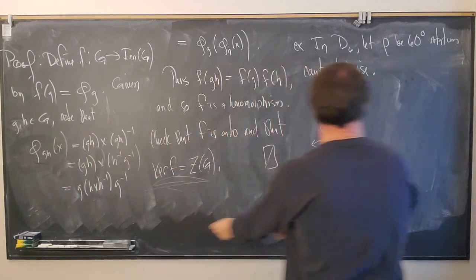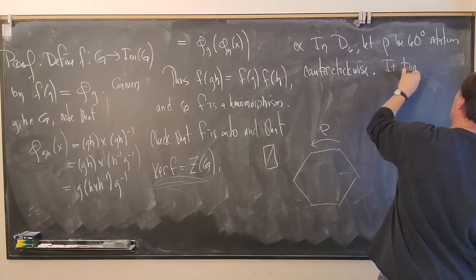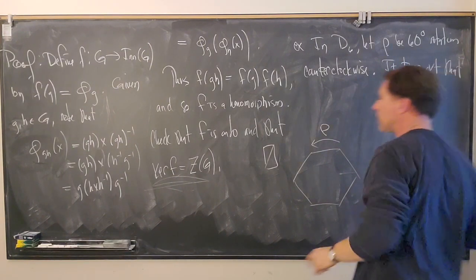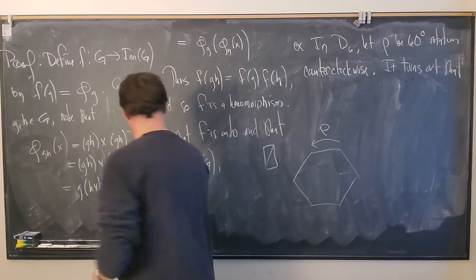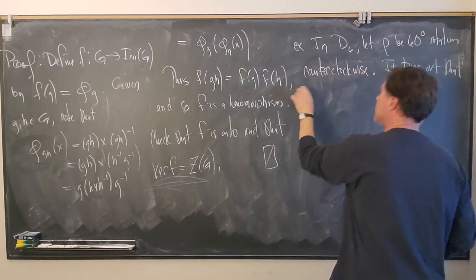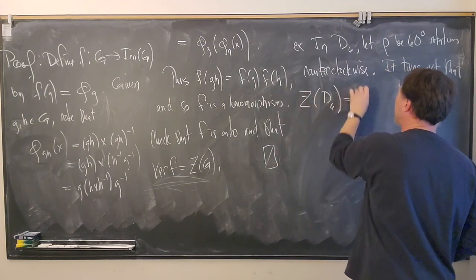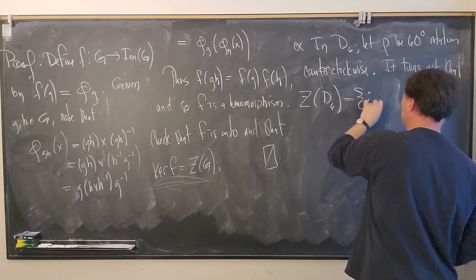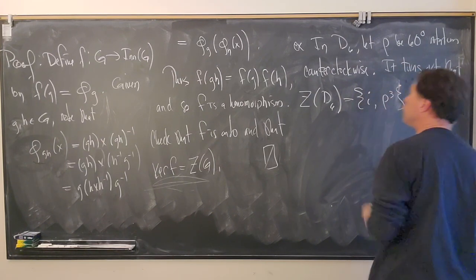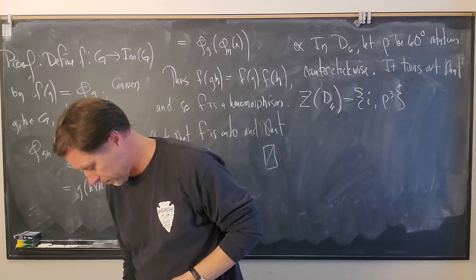Now you can check. So it turns out that the center of D6, so Z of D6, well, it definitely has the identity, and it also has rho cubed, right? So that would be the 180-degree rotation. It turns out that that's the entire center.